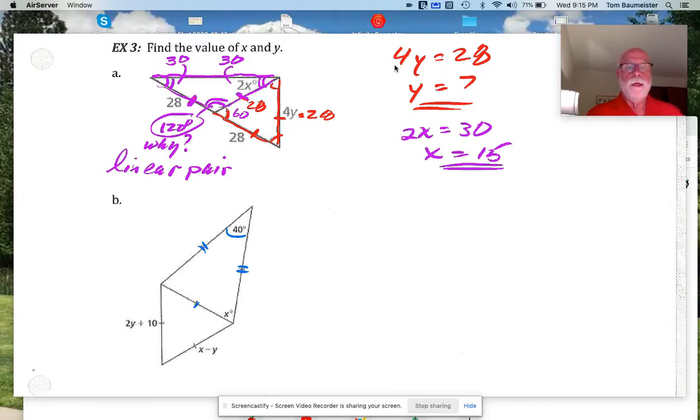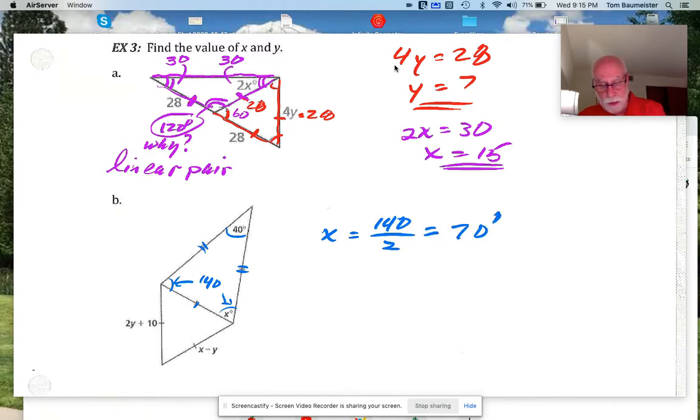So we know that each one of these, their total, because it's 140, because they have to equal 180. So this angle here is x degrees, and that angle there also has to be x degrees. So x is 140 divided by 2, because they're the same measure, so it has to equal 70 degrees.